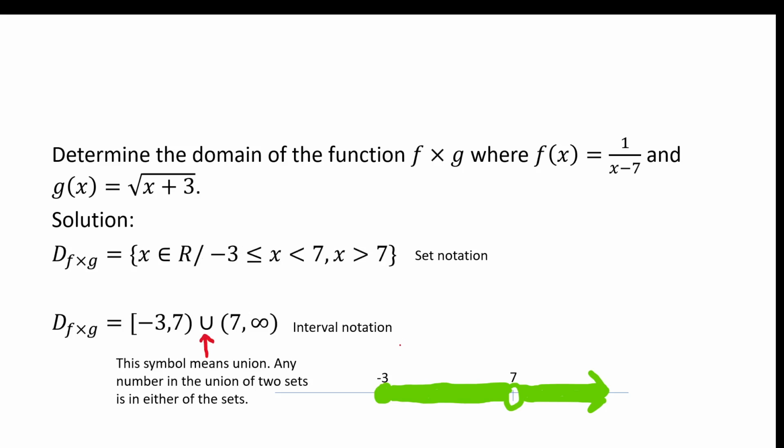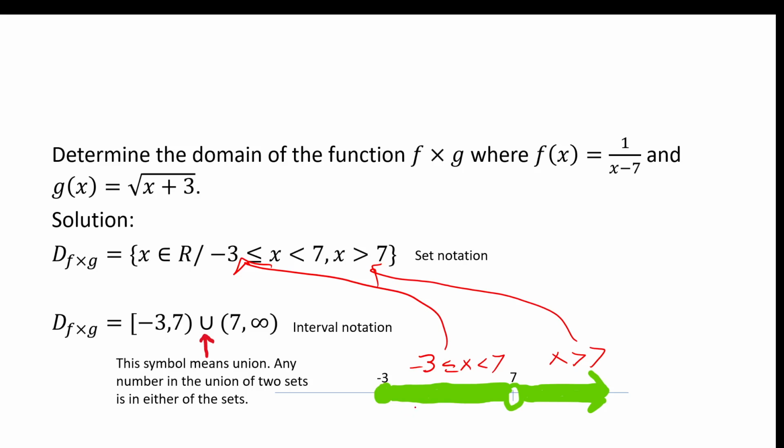And so we can say, as we've already expressed once or twice before, the first portion is -3 less than or equal to x less than 7. The second portion is x greater than 7. Putting them together in set notation gives us the expression you see there.